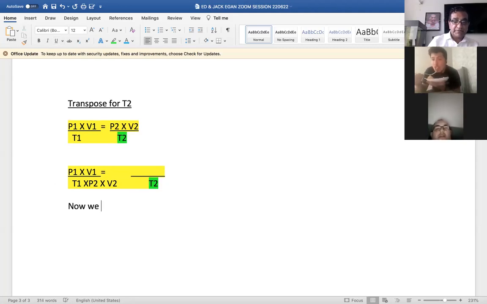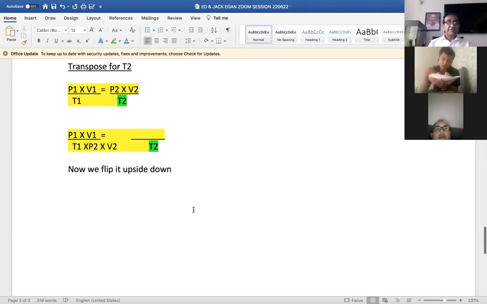So what that means is that T2 is going to equal, so that goes to the top, that goes to the bottom.